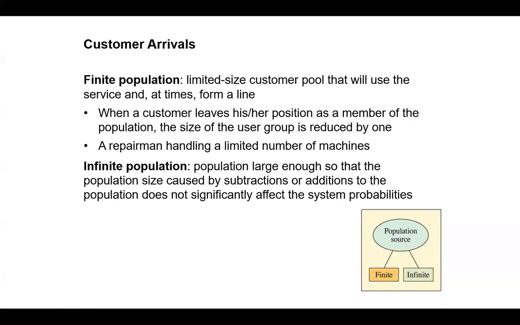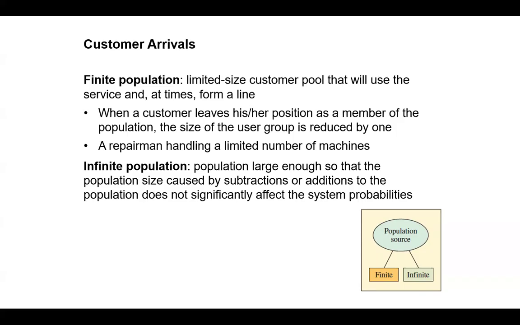We have finite population, which is of limited size, like you have 6 customers, or 8 or 10, whatever the number is, it's a small, limited group. Or we have the infinite population, where it's so hard to count the number of customers or arrivals.